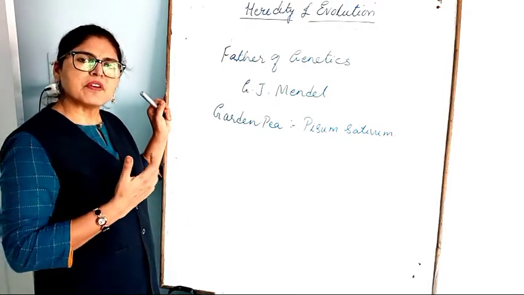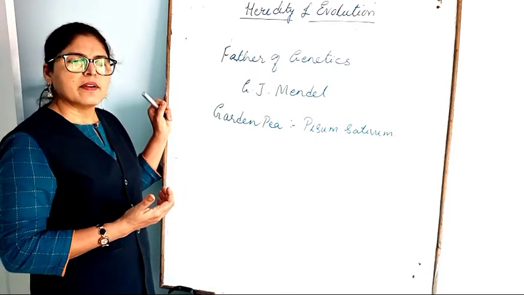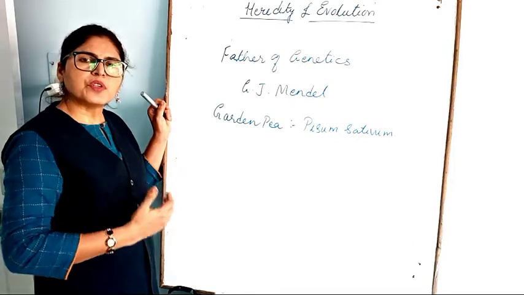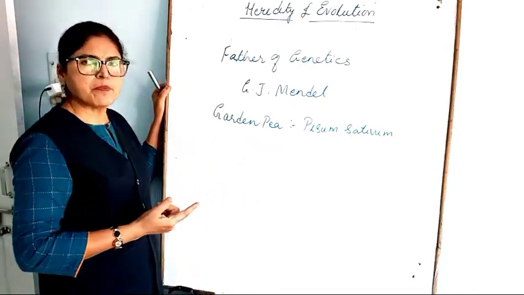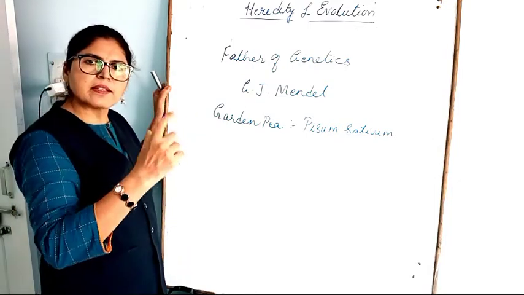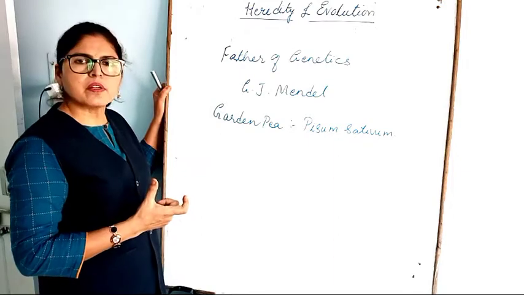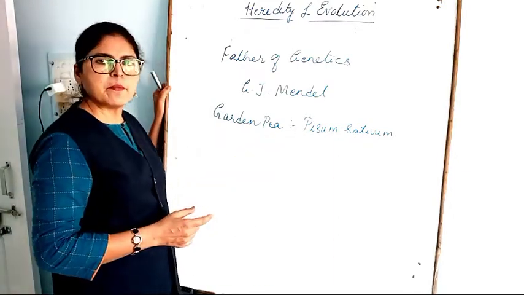It has various characters which can be easily detectable, and it can be grown 2-3 times in a year. That is why it was selected by Mendel. And even male and female characters are easily distinguishable in this plant.